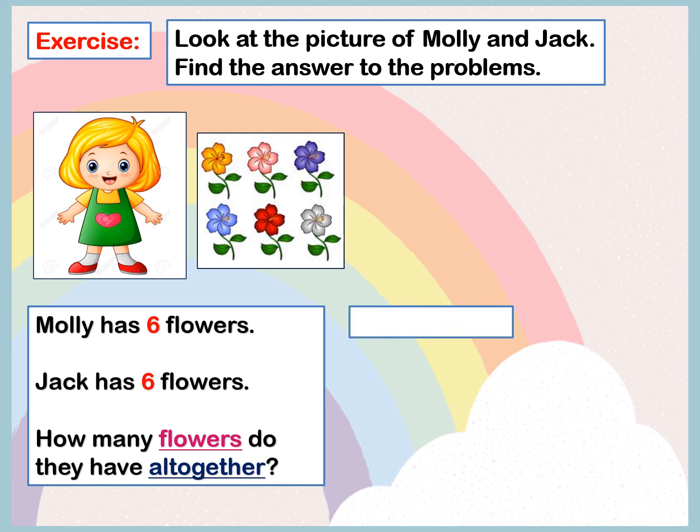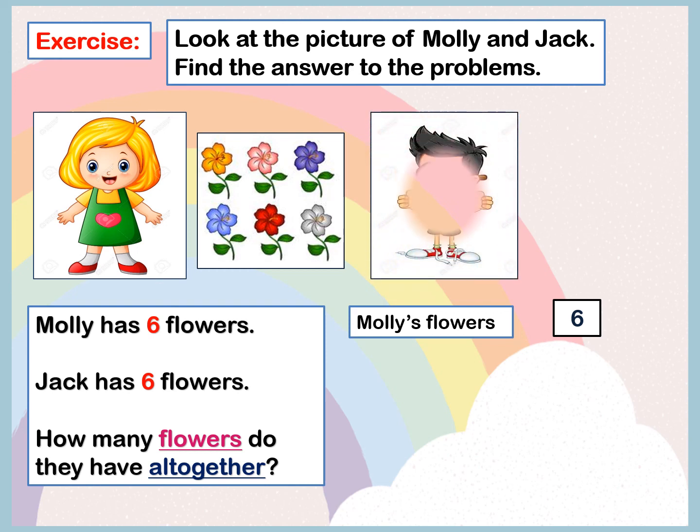Let's proceed to here. Molly's flowers. How many flowers does Molly have? 6. Very good. 6 flowers. Next, Jack has how many flowers? Jack is a boy. Now that is Jack. Jack has 6 flowers, or he has 6 flowers.